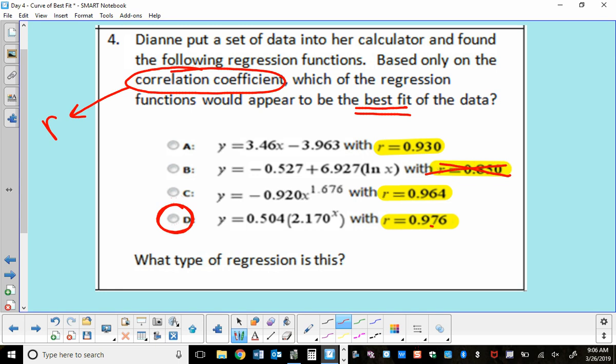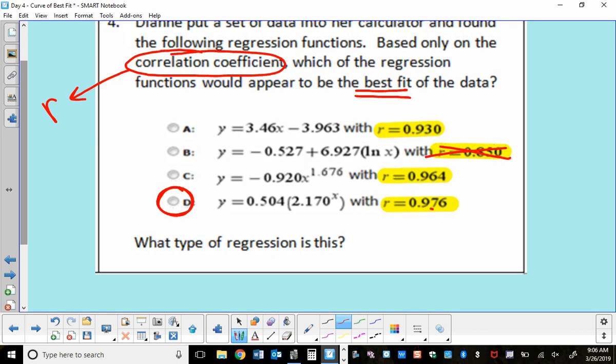Then it says, what type of regression is this? So take a look at your equation. My only hint to you is that there's an x in the exponent. What kind of function would that be? We have linear, quadratic, cubic, quartic, exponential, or logarithmic.